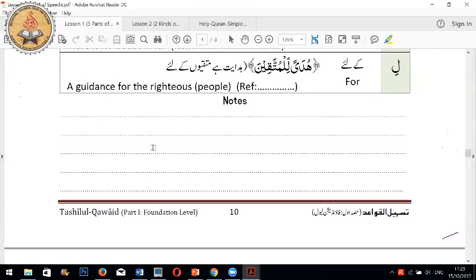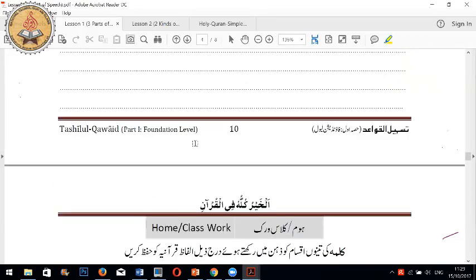Similarly, if you find any mistake, for example any typing error, or any error in the translation or the phrase, or any suggestion, please give us by email, and inshallah ta'ala, that will be better for everyone.